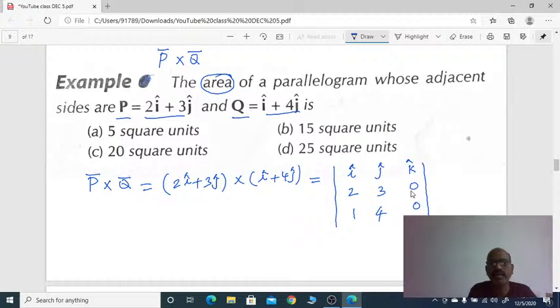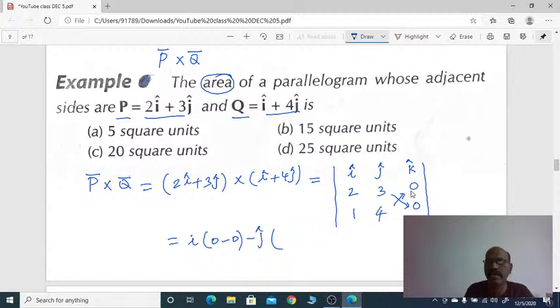Now we find the area. Take i cap first, leave its vertical and horizontal line, and cross multiply the remaining two: 3 into 0 minus 4 into 0, which is 0. Then minus j cap. Always put a negative sign when taking j cap.